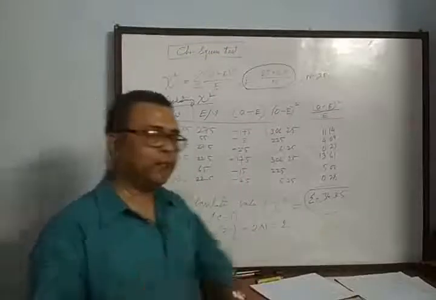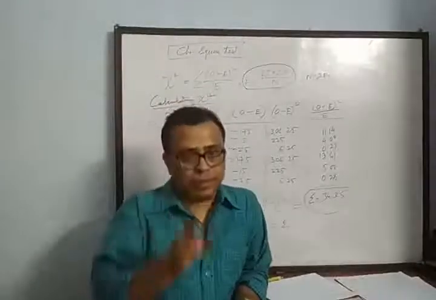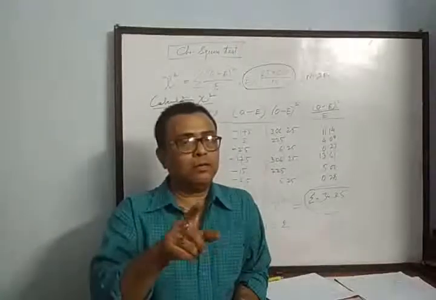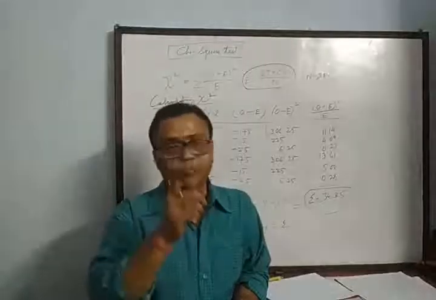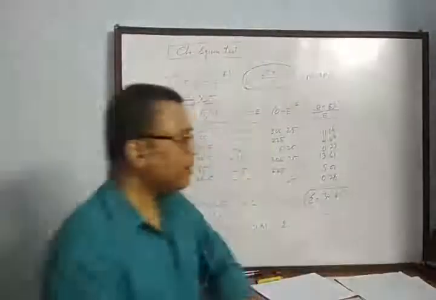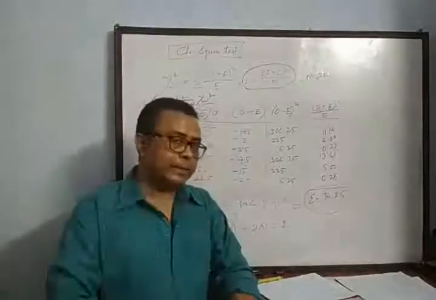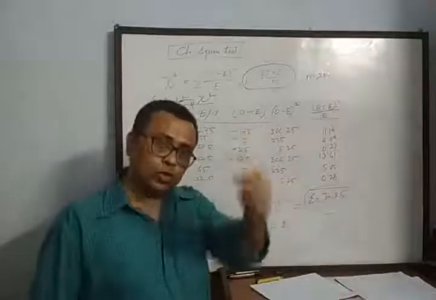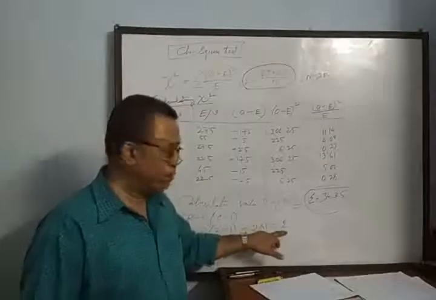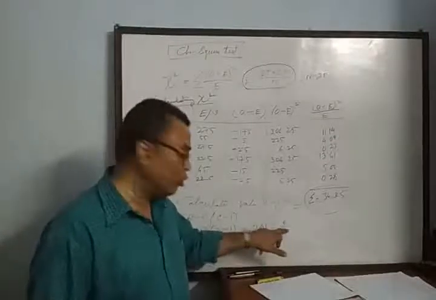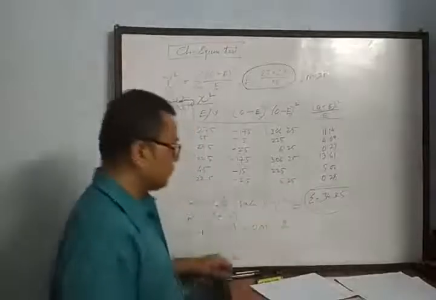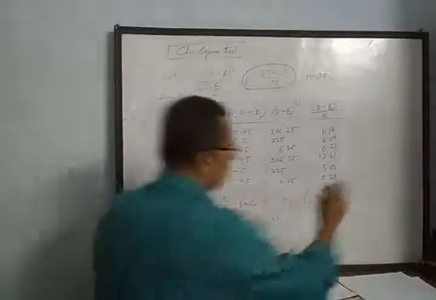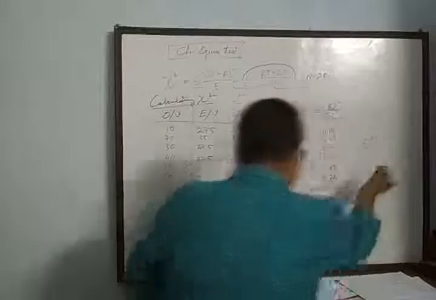Now you will have to refer to the chi-square table, that is the value table, which you have already downloaded from the given link. When you open the table, you will get the degrees of freedom from the beginning: 1, 2, 3, 4, 5, 6. There you will check the degrees of freedom 2, and in the column you will get 5%. That is the level of significance.